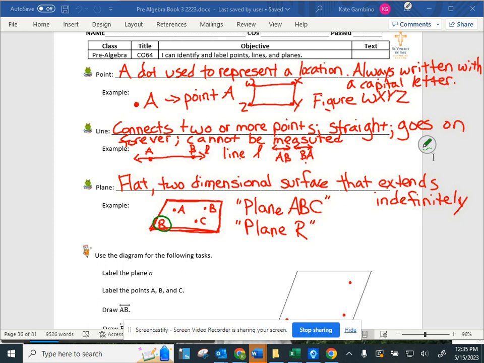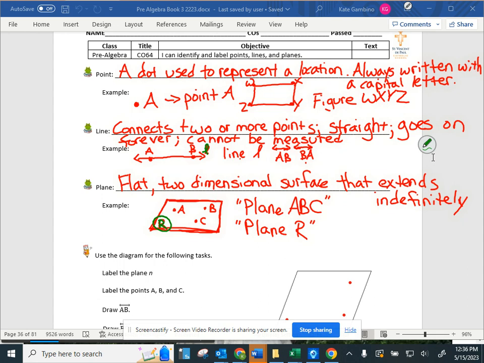Just like up here we had L, so we could call it line L. Down here, if we have an R with no point next to it, if we have a letter with no point, then that's the name of the plane. So that is plane R, because R is not a point. R is the name given to the plane. See the difference? Okay.